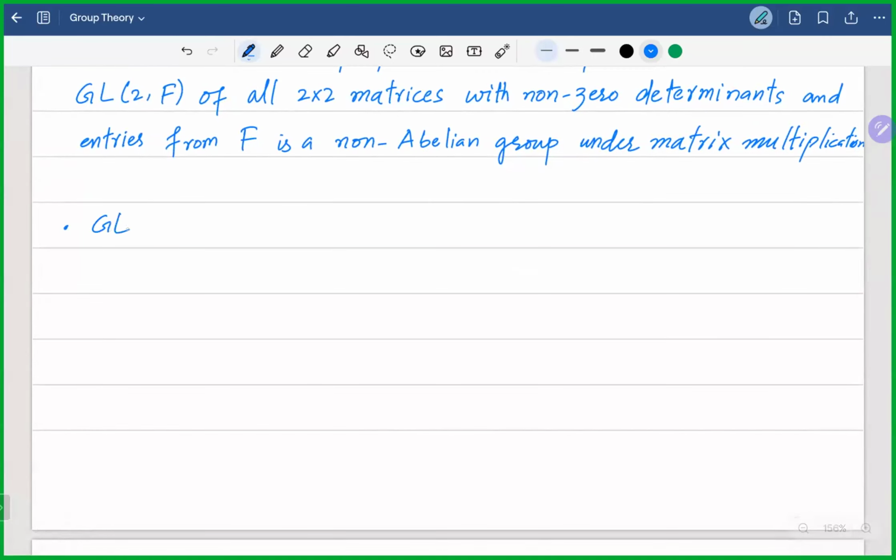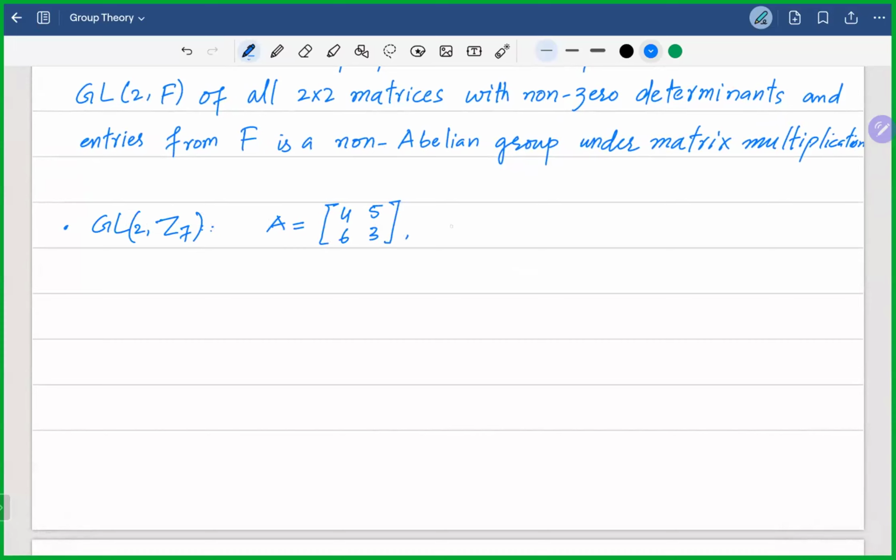So let's try to solve GL2 Z7. Okay, let's take an element, let's say A, which is 4, 5, 6, 3.